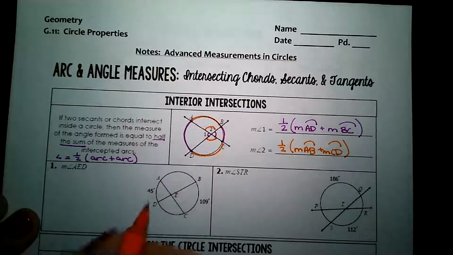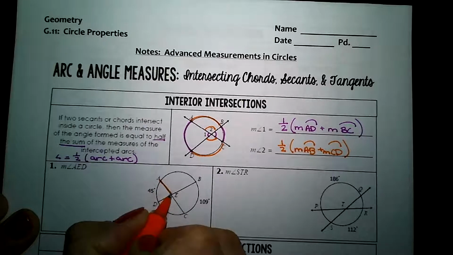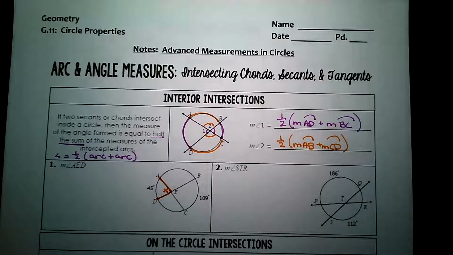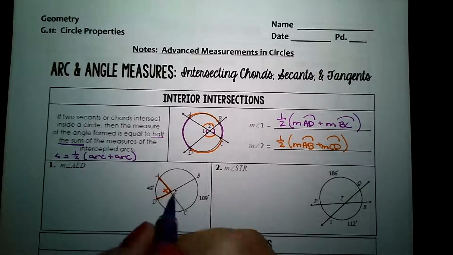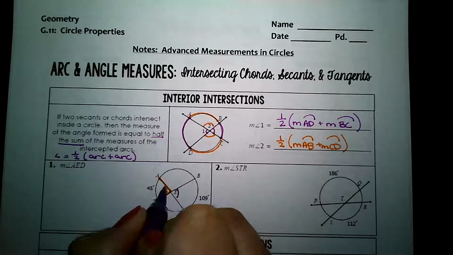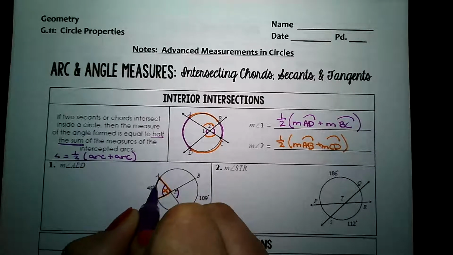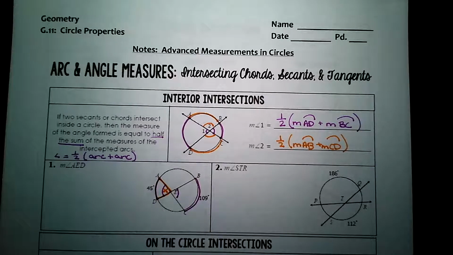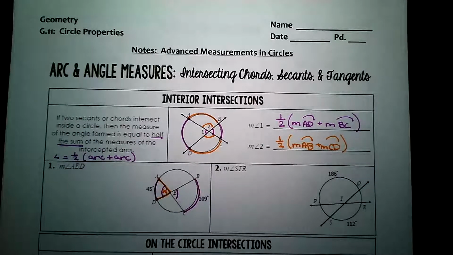The measure of angle AED is what we're looking for. Well, AED, this orange angle that I've outlined, is vertical, and the two arcs that are created by this vertical pair are arc AD and arc BC. And we're starting out super basic here.